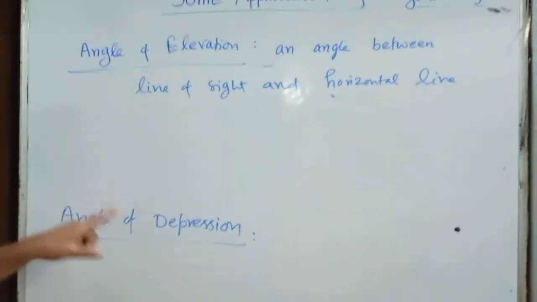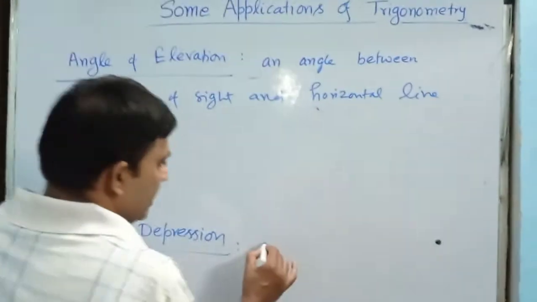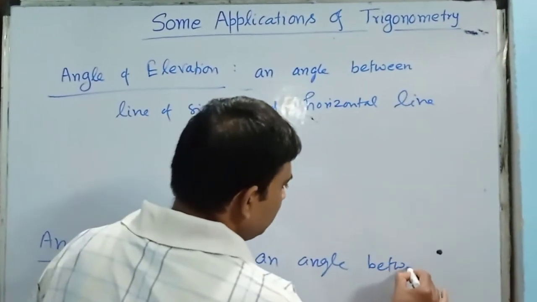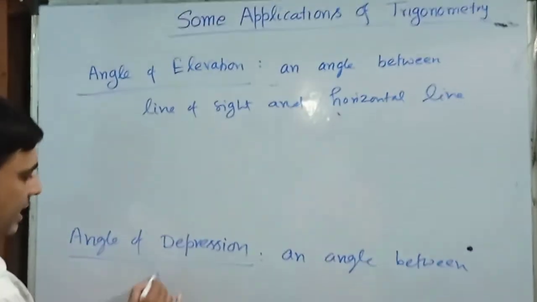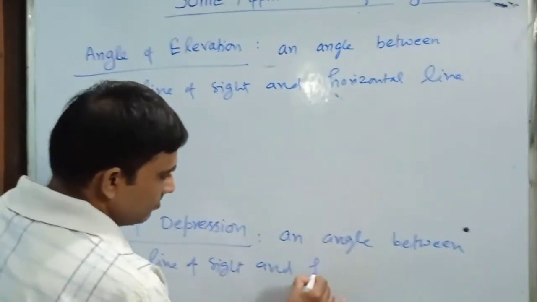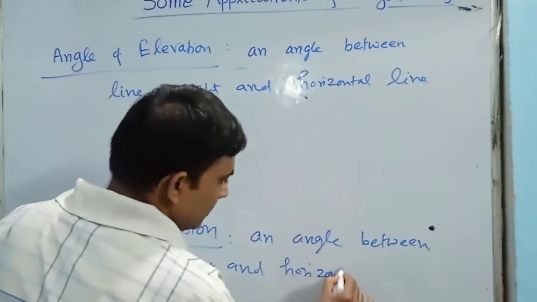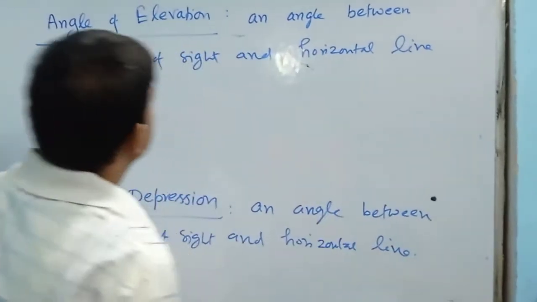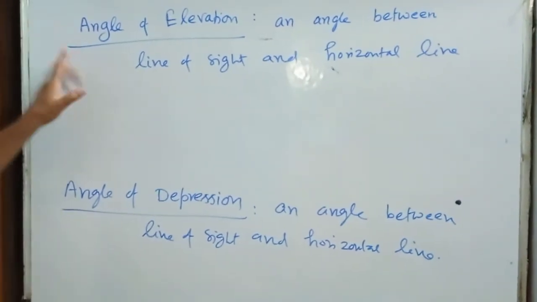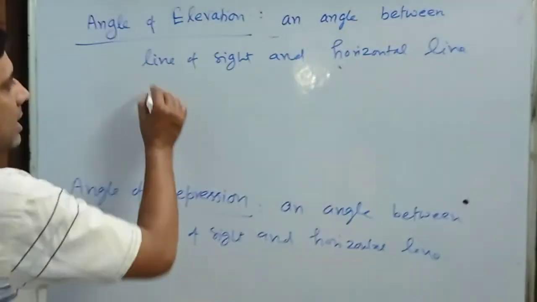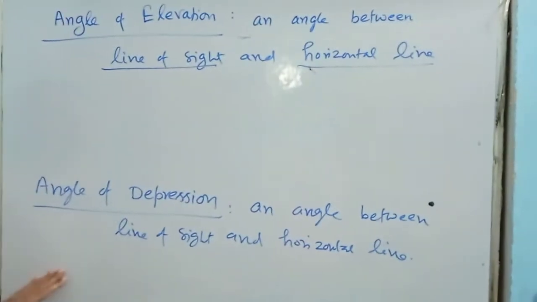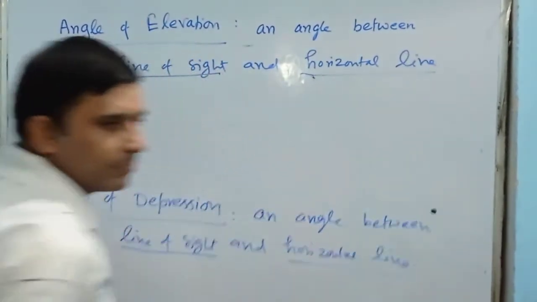And for angle of depression, here again you will write the same thing. It is an angle between line of sight and horizontal line. Now what is the difference? That is why I have written both the things at the same time. Angle of elevation is an angle between line of sight and horizontal line. Angle of depression is also an angle between line of sight and horizontal line.